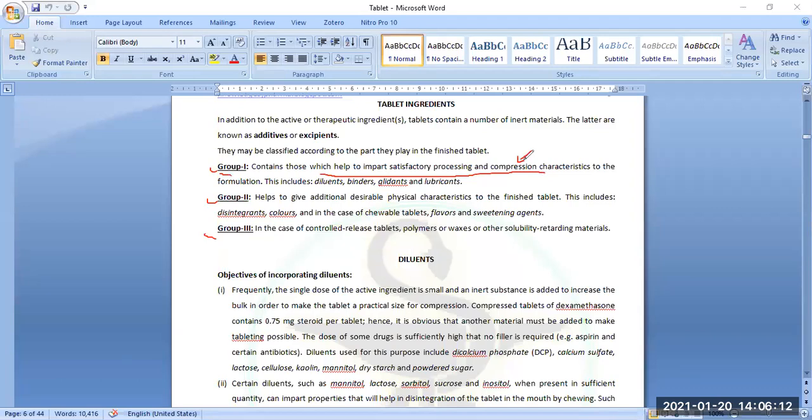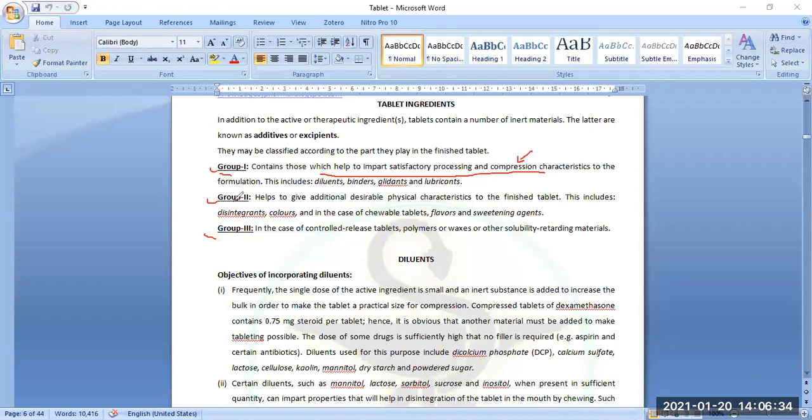That type of ingredient we classify as group one. These are useful for satisfactory processing: flow improvement, compression improvement, hardness improvement, friability. These are the most important ingredients required for the tablet formulation.